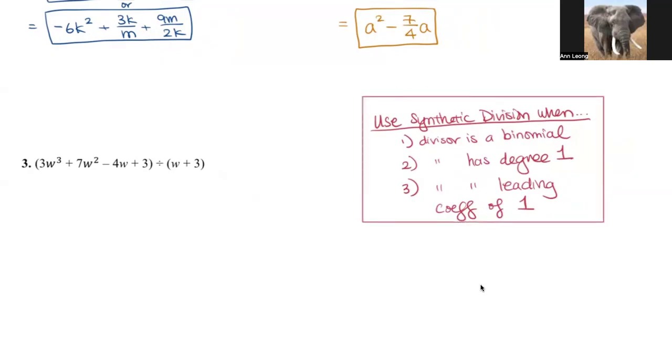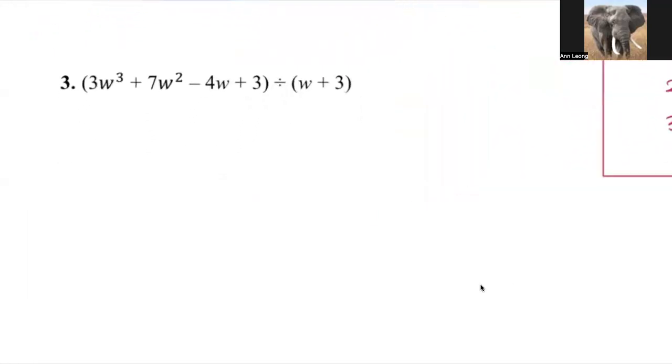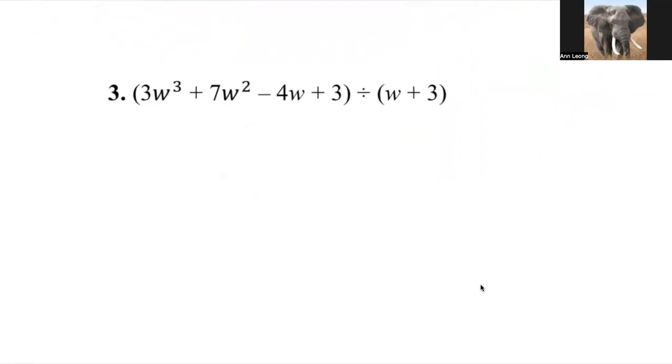Now that I explained when to use it, let me show you how. For number 3, the first thing I'm going to do is draw a big L. On the inside of the L, I'm going to put all the coefficients.